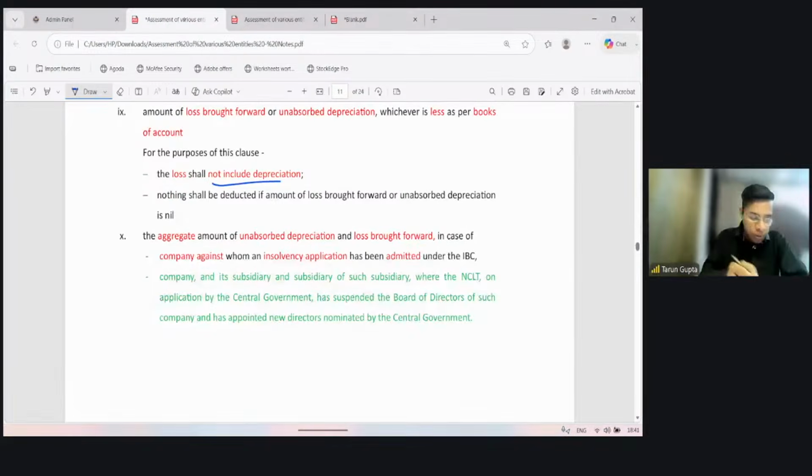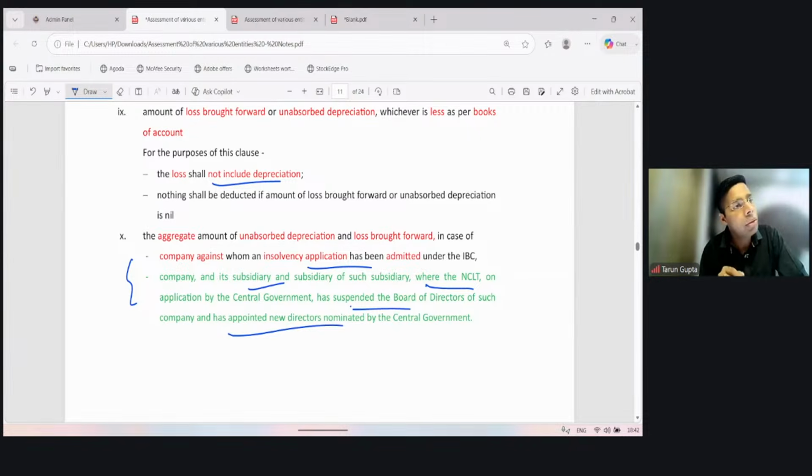But in case of these two companies, the aggregate of unabsorbed depreciation and loss is allowed to be reduced. Which are these two companies? One company against which an insolvency application has been admitted under the IBC, and another company where the NCLT, on application of the central government, has suspended the board and has appointed new directors nominated by the central government.